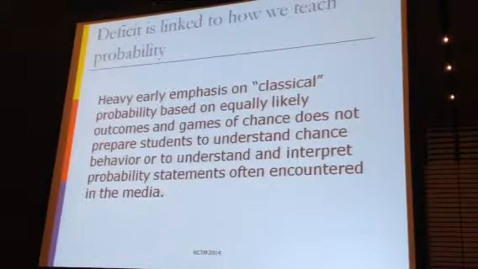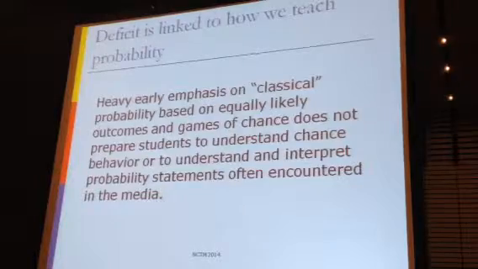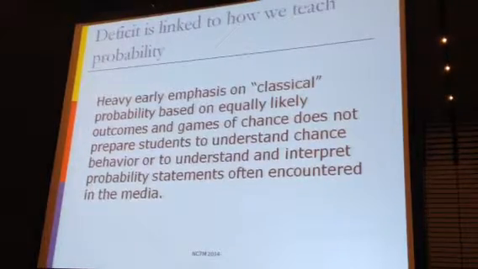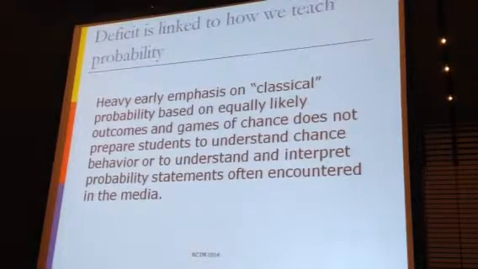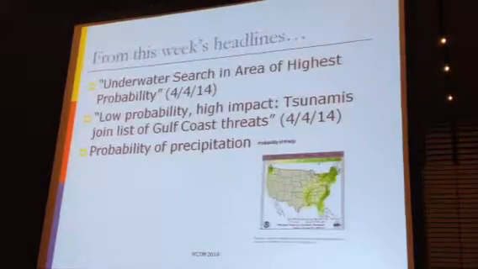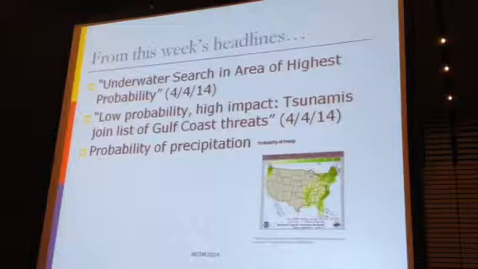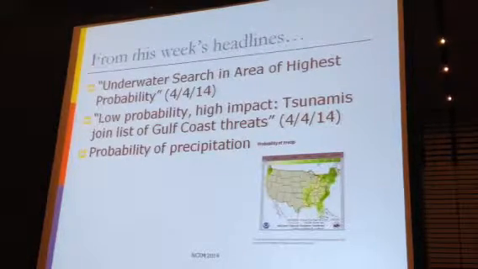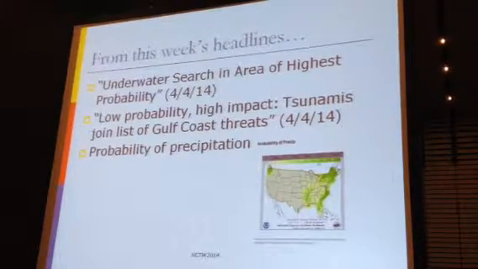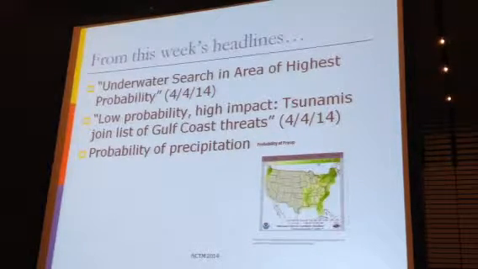So for example, I just looked earlier this week for headlines that involve probability and risk, the kinds of things that people would encounter. And here are some of the ones that I found. You'll recognize some of these from current events. Underwater search an area of highest probability. Still looking for that Malaysian jetliner.